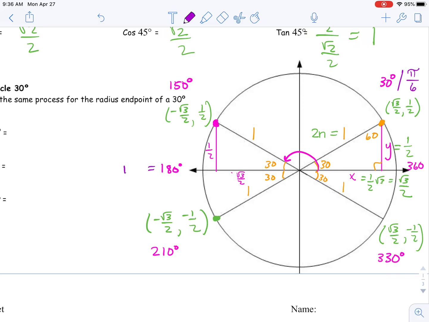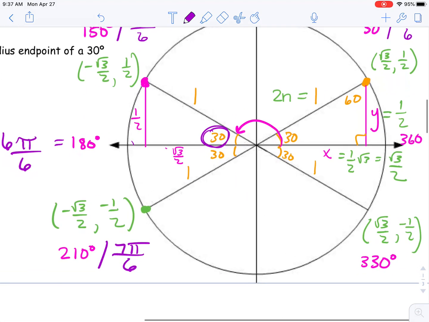So remembering that 180 is really pi, if we make a common denominator with our reference angle, which is 30 degrees, so pi over 6, I make the numerator 6 to adjust. And so now I'm essentially 1 pi over 6 before my 6 pi over 6. So this must be 5 pi over 6. And then in the third quadrant, I'm pi over 6 after 6 pi over 6. So that's 7 pi over 6.